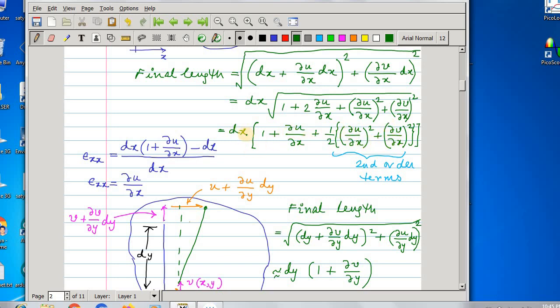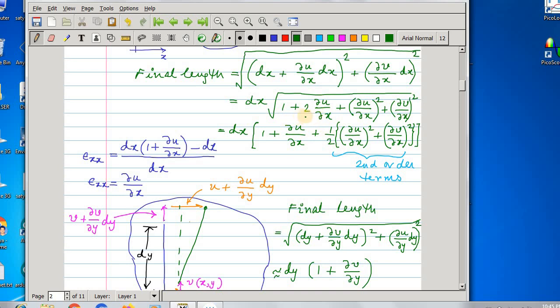So this becomes dx into 1 plus del u del x. But before that, we make a linear expansion: 1 plus this to the power half, so 1 plus half of 2 du dx, which makes it 1 plus du dx plus half this plus half this.